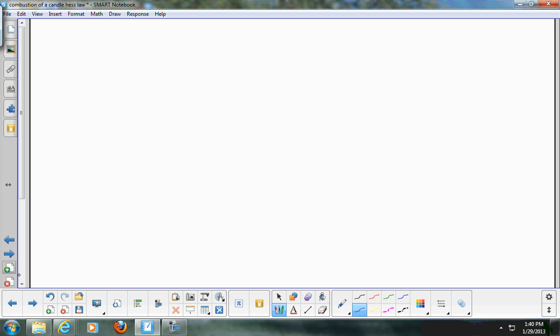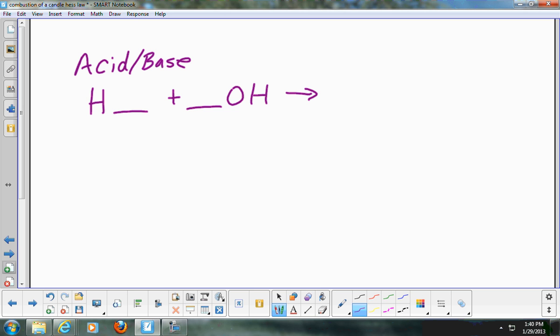We're going to put another page in. An acid-base reaction has a hydrogen and something plus something and an OH, giving me water plus what we call a salt.